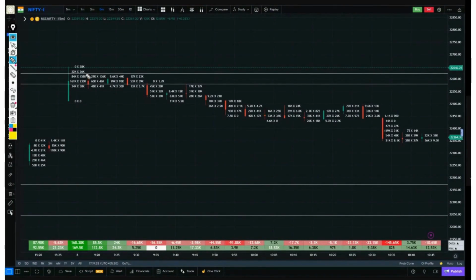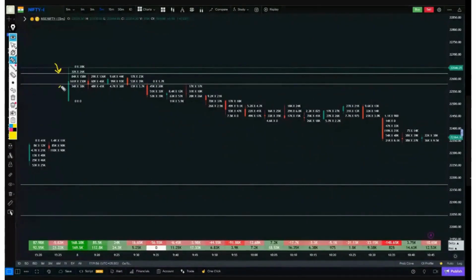These are those points. In the next candle, again another buying activity occurred, so again the buyers prevailed. This is the place where the most buying happened.